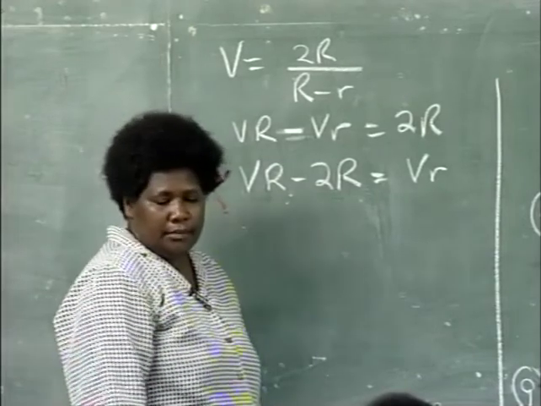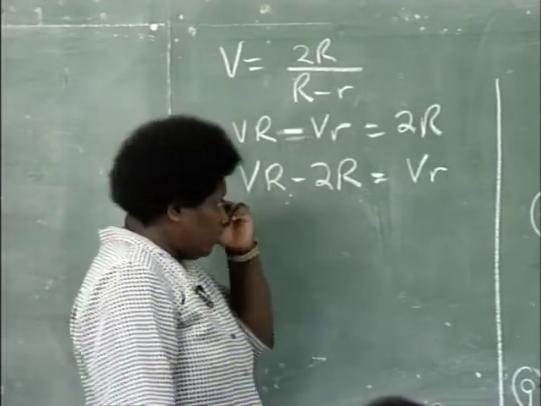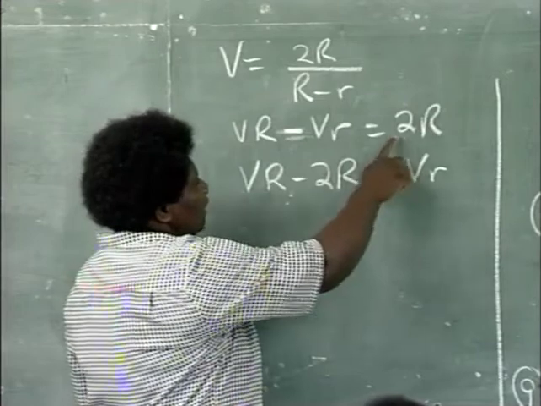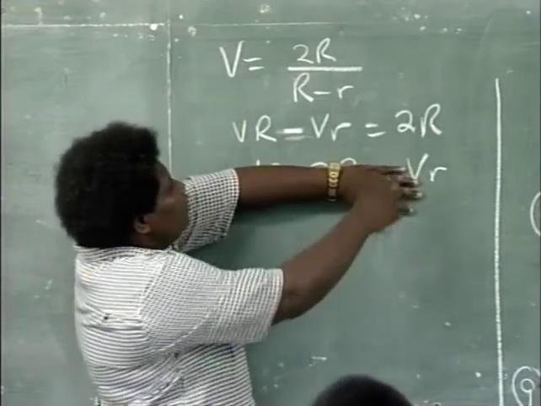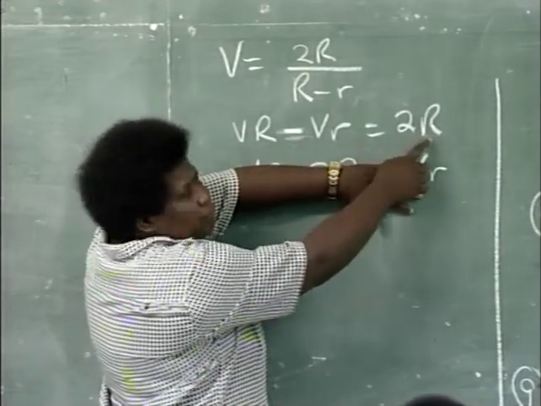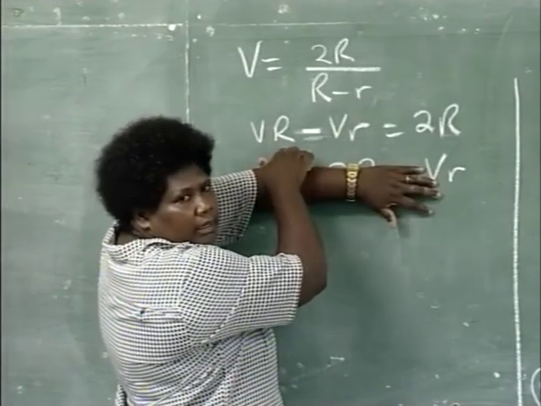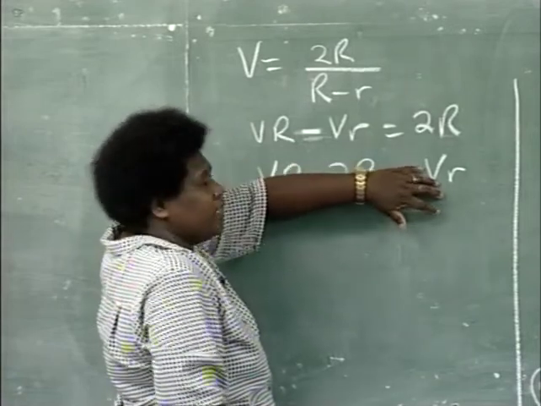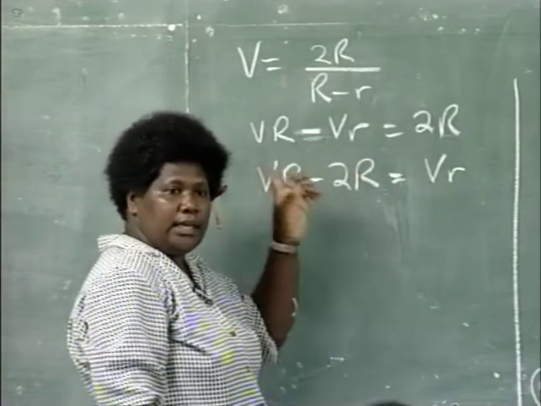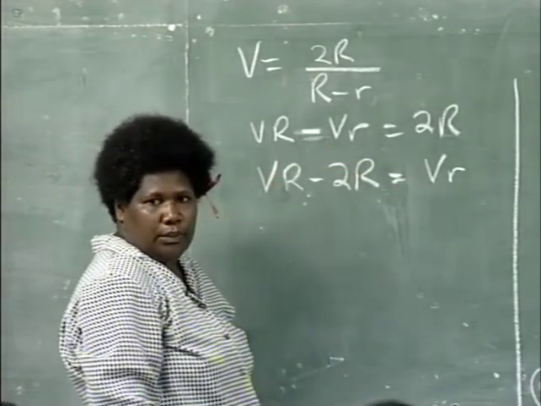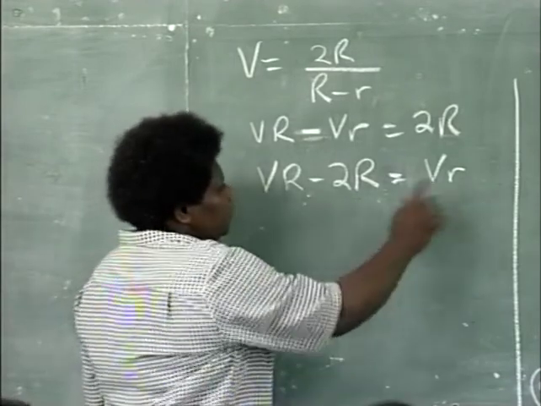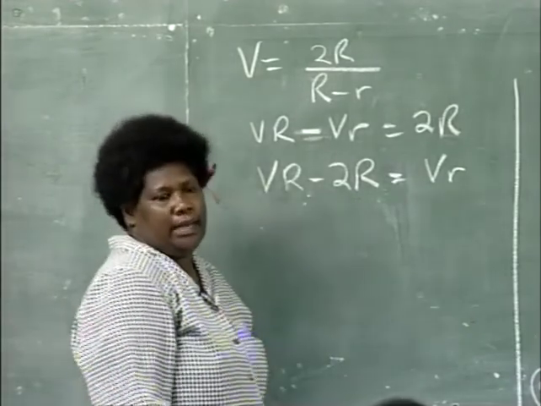Now the rule is also that you cannot have, like from here, you cannot divide by 2 and have, although you have one r here, there's another one here. You must have only one r, and it has to be on one side of the equation. Okay, from this point, what can I do to have only one r?